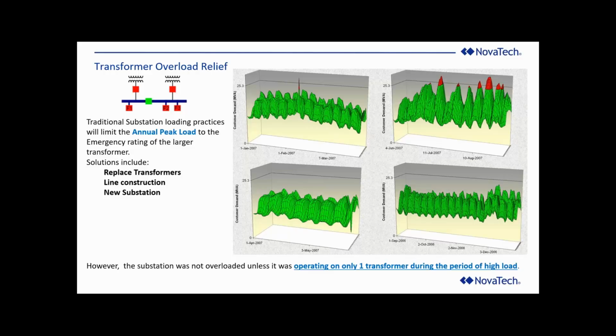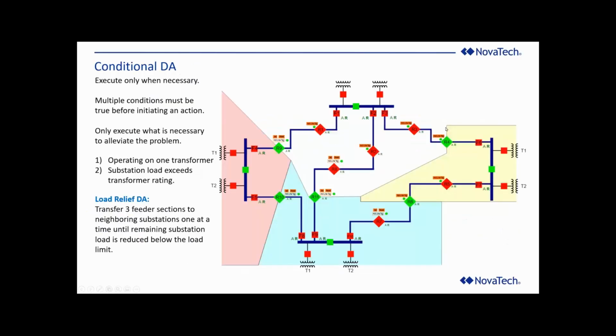So the conclusion was that if we put DA in to simply make the load go away when we have high load and we are operating on a single transformer, then we could defer the cost of expensive substation renovations and upgrades. Okay, and that's where I developed the load relief DA.